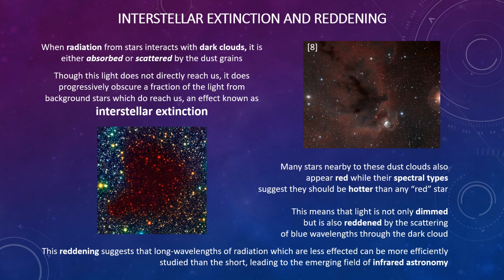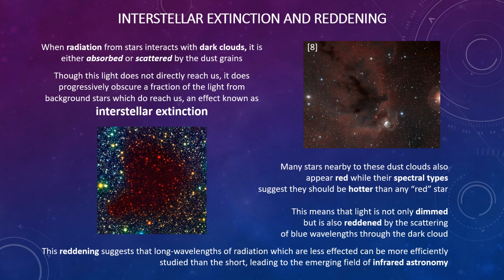So we can see an example of this interstellar extinction and reddening when we look at the image on the left, where we see this red blob right there. So when viewed in the optical, that red blob is actually a dark cloud. However, this is a composite image, so what we're seeing through that red blob is actually the infrared light that is then being added to this image.